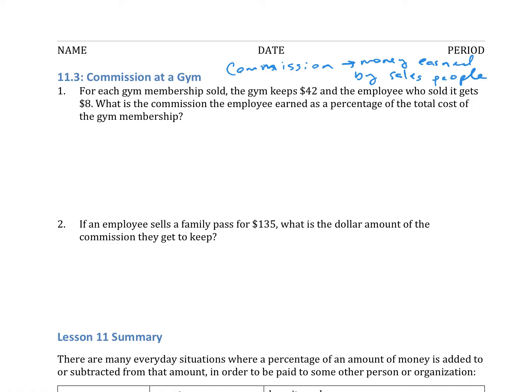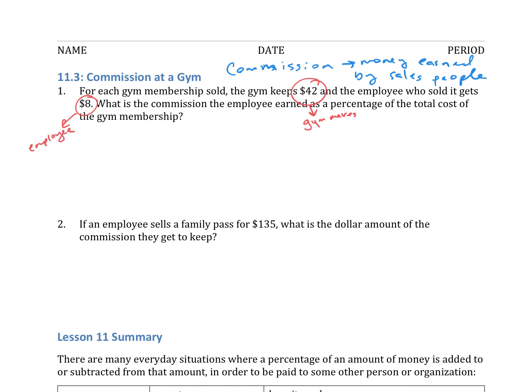Okay, I'm going to read it again. And as I read it this time, I'm going to pull out the important information. So for each gym membership sold, the gym keeps $42. So this is the amount the gym makes. And the employee who sold it gets $8. So this is what the employee gets.